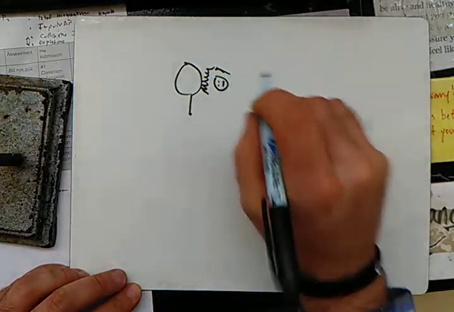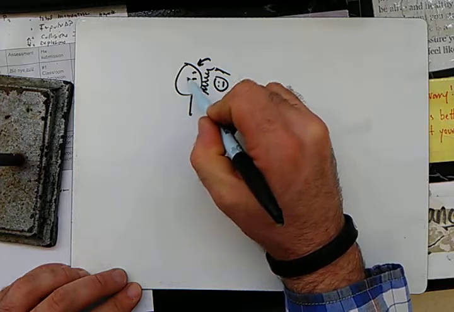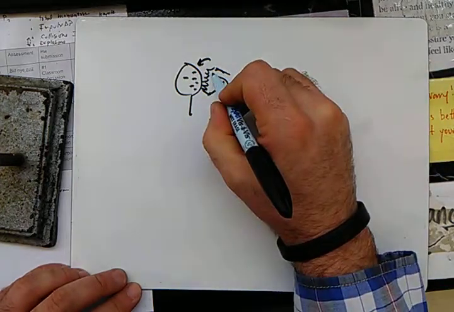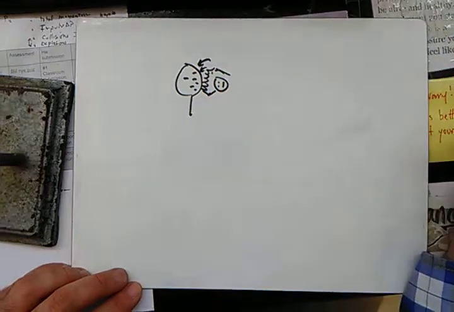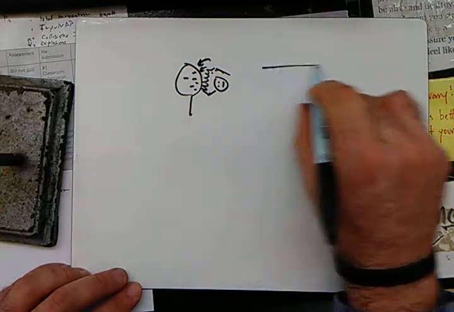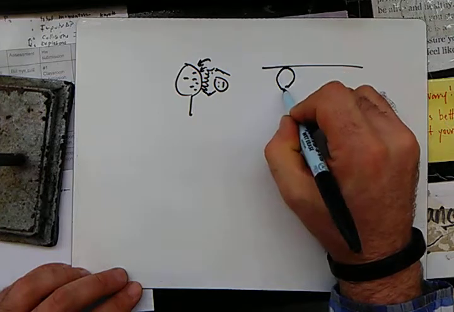Okay, so you rub a balloon on hair, and the balloon acquires a negative charge. It actually strips the electrons from the hair and brings it over to the balloon. Now what we do is we take the balloon, we can stick it to the ceiling or the wall.